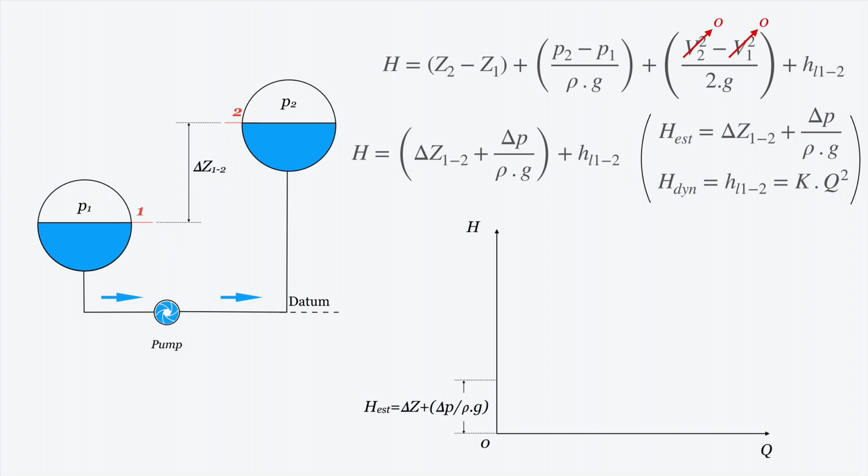Now the static head will incorporate the pressure head term, and will not change, will remain the same although the flow rate will change, and the system curve will be the one that you are seeing here. We have to add the dynamic part of the head, the part of the head that does change with the flow rate.